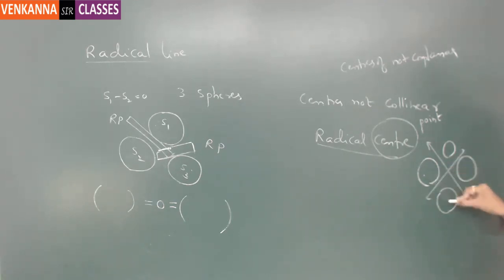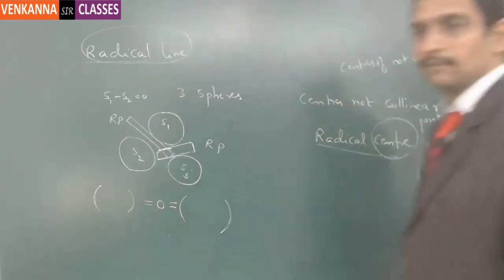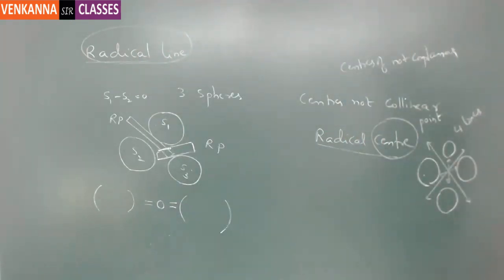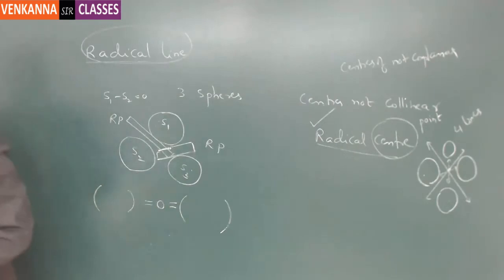If you take these three as a set, you will get another line. Like this, you will get four radical lines. All the four lines will meet at one point. In other words, the lines are concurrent at one point. That point we call the radical center.